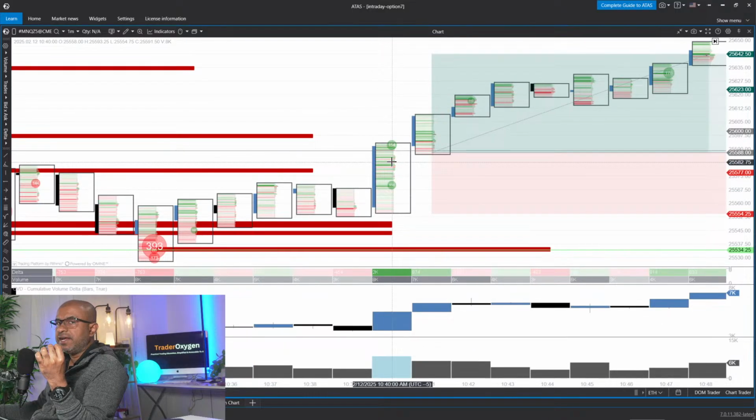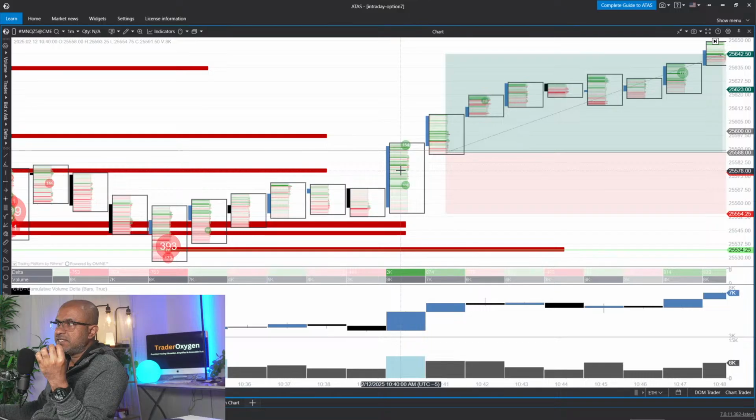The delta is green, which means the order flow is also bullish now, right? And you can see green delta, which means this push up is supported with aggressive buyers and bullish cumulative volume delta. What that tells us is aggressive buyers are pushing the price up.